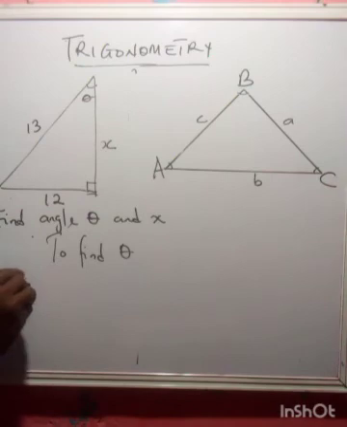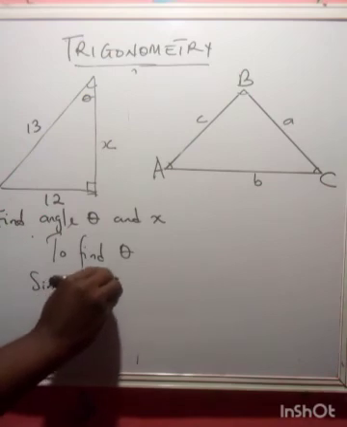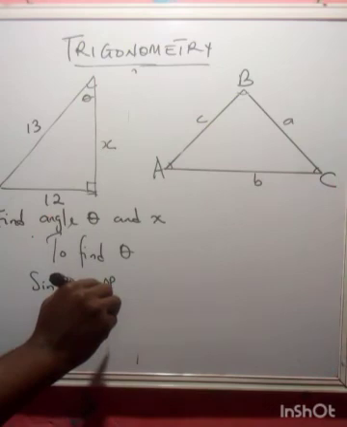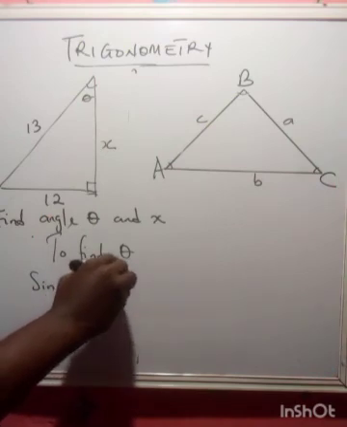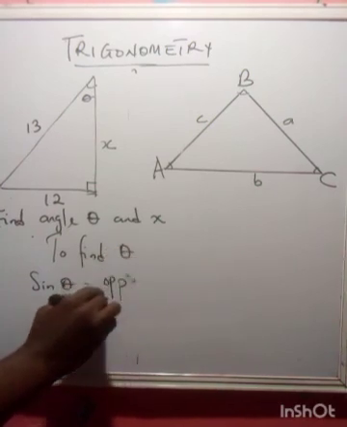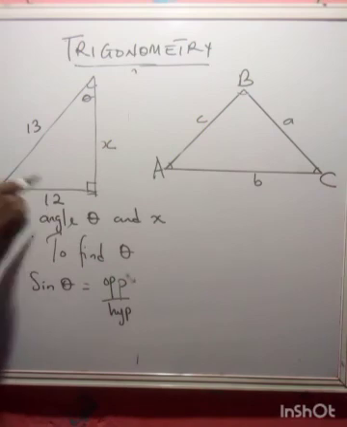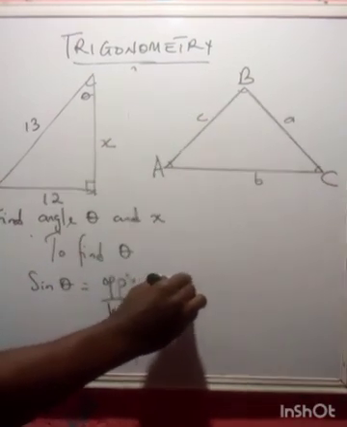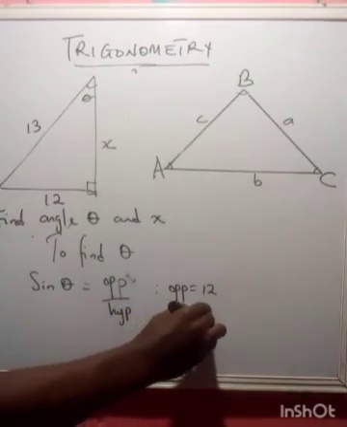To find the angle theta, remember we have sine theta equal to opposite over hypotenuse. In this question, our opposite is equal to 12, hypotenuse equal to 13.